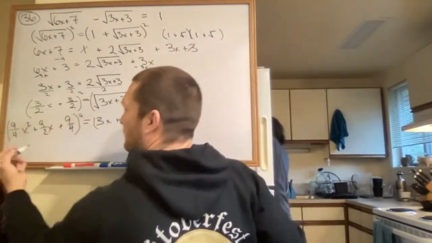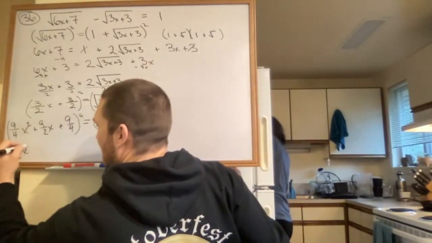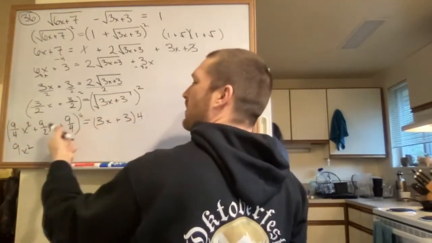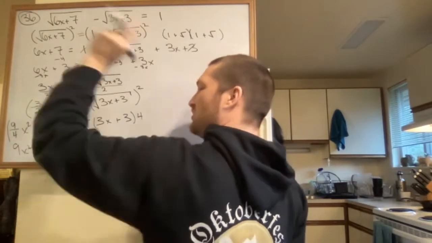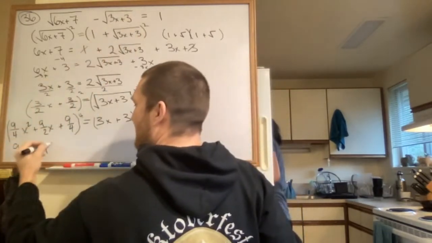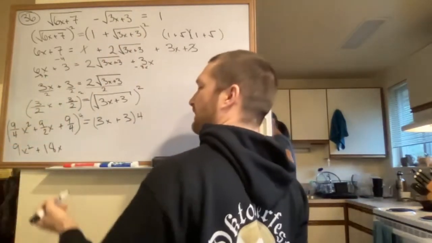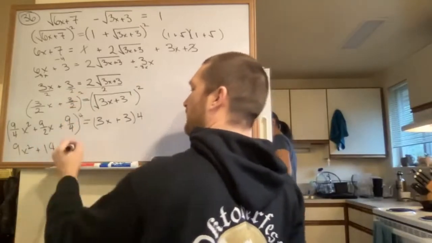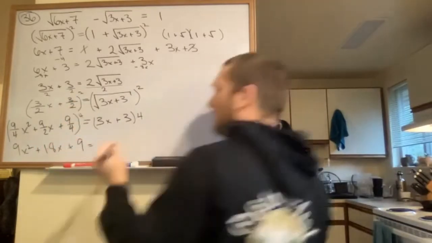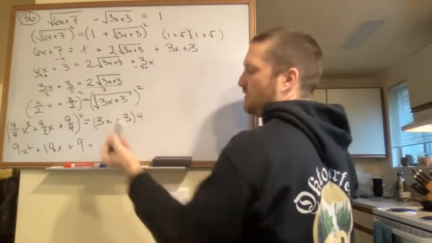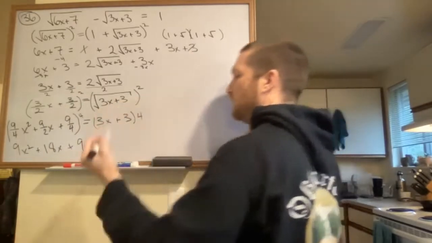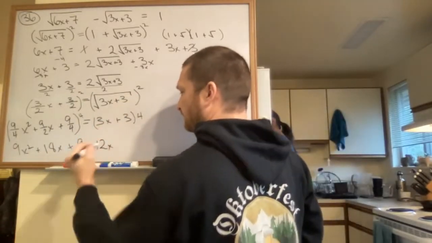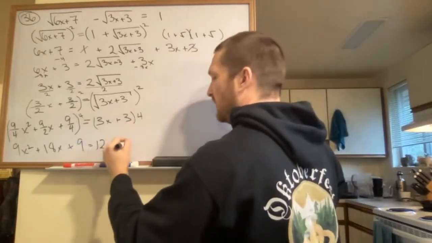The 4 kills that 4, giving me 9x squared. The 4 gets killed by the 2, leaving a 2, giving me 18 x's. The 4 kills the 4, leaving me a 9. Now this 4 distributes. 3x times 4 is 12 x's. 3 times 4 is 12.